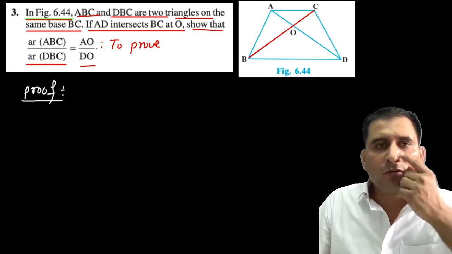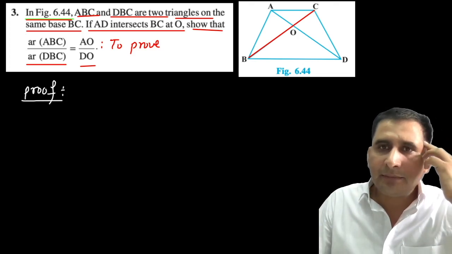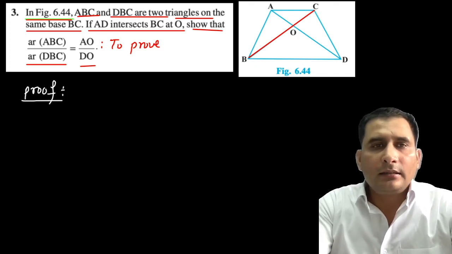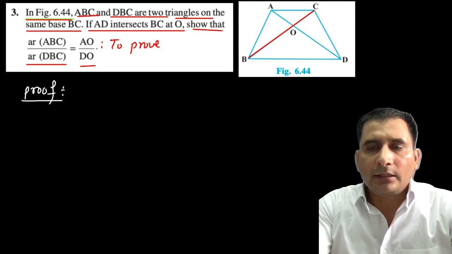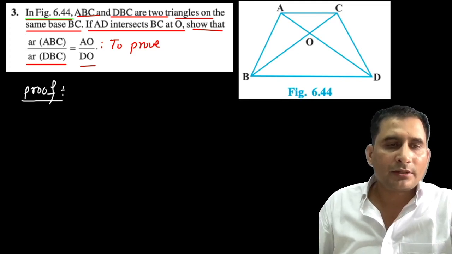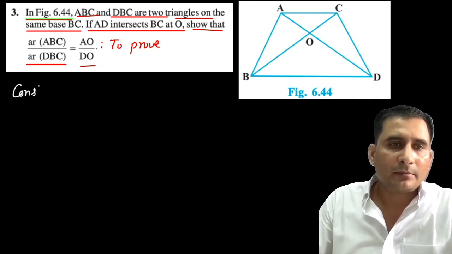Now let us take the proof. So the area of ABC upon the area of DBC will be equal to AO upon DO. Basically this thing we need to prove in this question. We have to do some construction here. We have to do construction in this question, as directly we are not able to solve it.